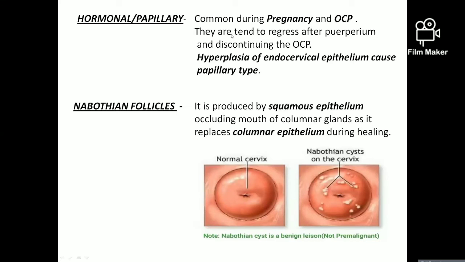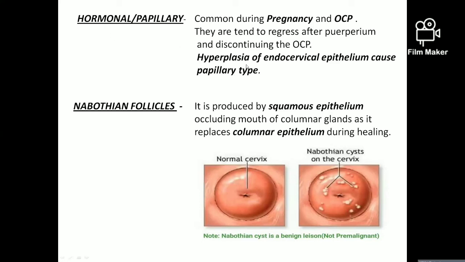Here they tend to regress after puerperium and discontinuing the OCP. When the woman is delivered, that is the puerperium period, they regress by themselves, and when the woman discontinues the OCPs. But why does it occur, how does it occur? See, this is the normal cervix and this is the change. We will discuss it later.